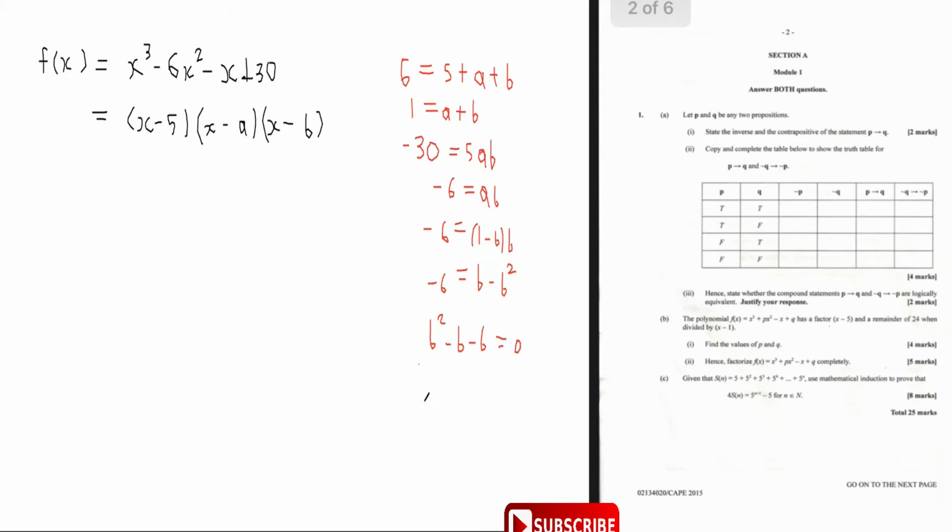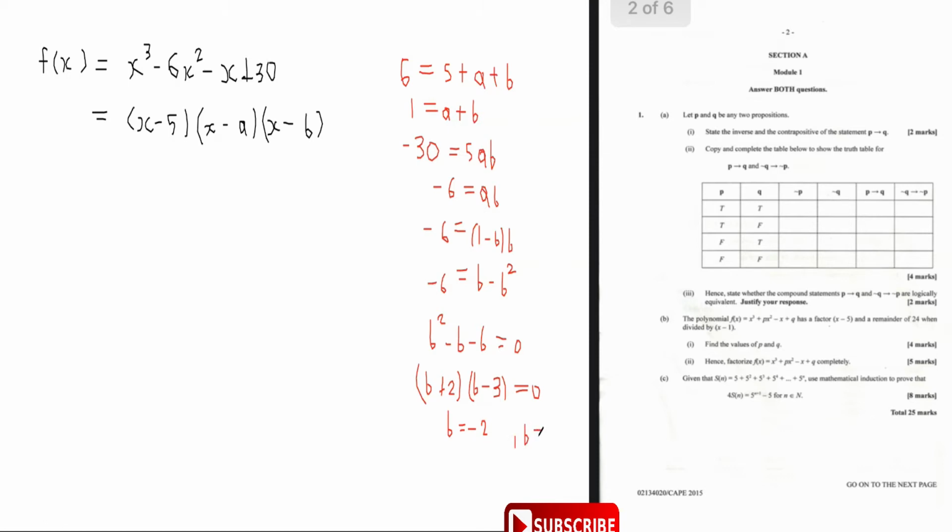Then I factorize it. Signs are different and the greater number is negative, so I put a negative here and a plus here. And so b is -2, or b is 3.